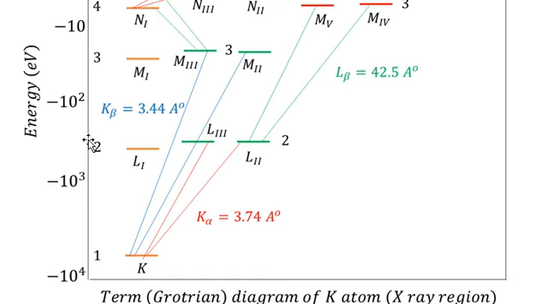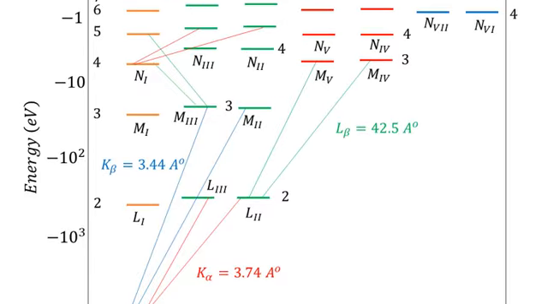According to the principal quantum number 2, there are L shells. Again, n equal to 2 means there are 3 L shells: L1, L2, L3. Corresponding to the principal quantum number n equal to 3, again you see that there are 3 levels, and these 3 levels are because we are also incorporating the spin quantum number here, but we have not studied the spin quantum number yet.